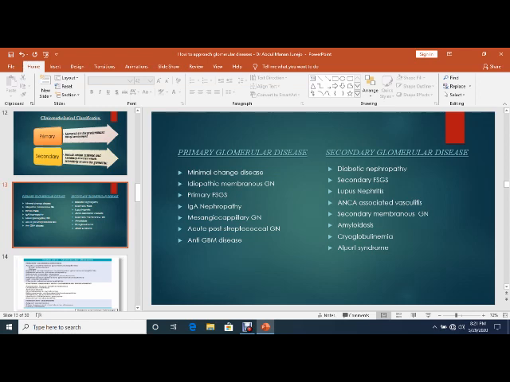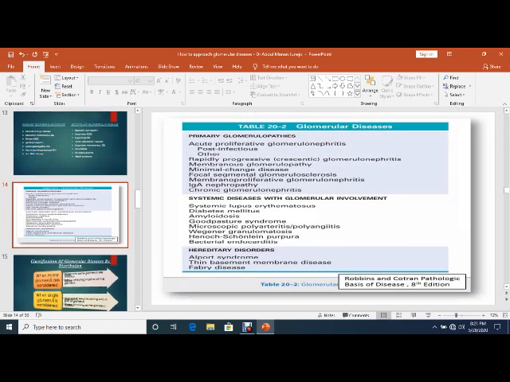In secondary: diabetes, secondary FSGS, SLE, that is called lupus nephritis, or sometimes vasculitis, ANCA-associated, anti-neutrophil cytoplasmic antibody, that is called ANCA, secondary membranous GN, amyloidosis or cryoglobulinemia. This is the same slide that was already discussed. This is taken from the Robbins pathology book, glomerular disease, primary and systemic disease.